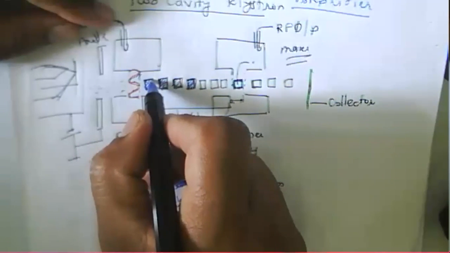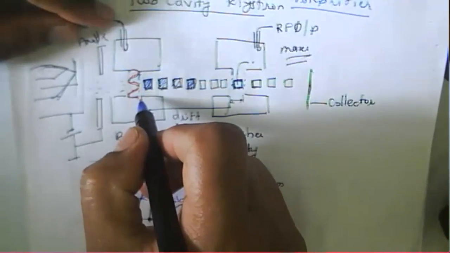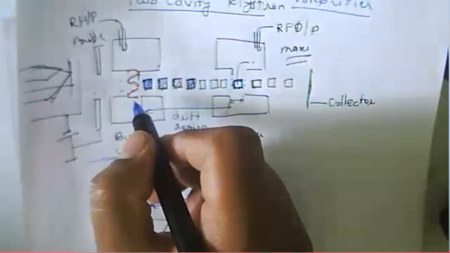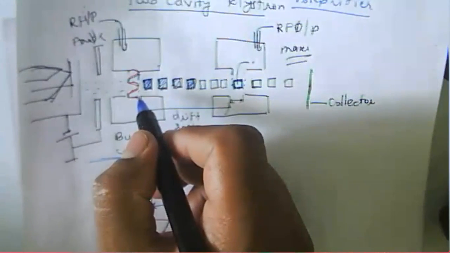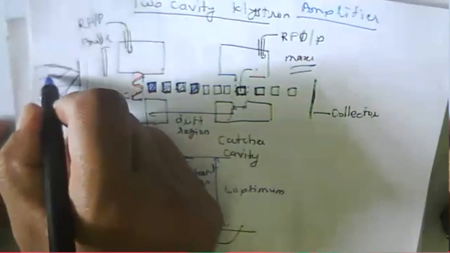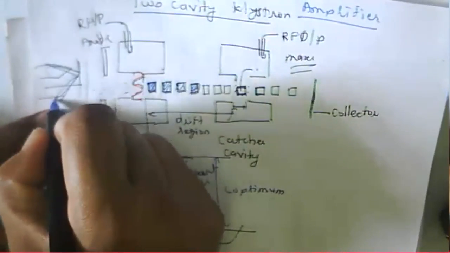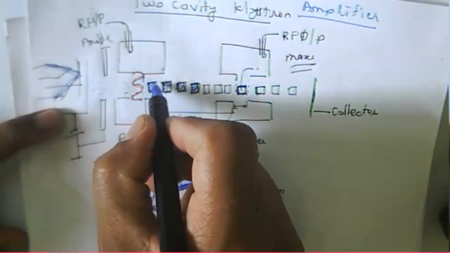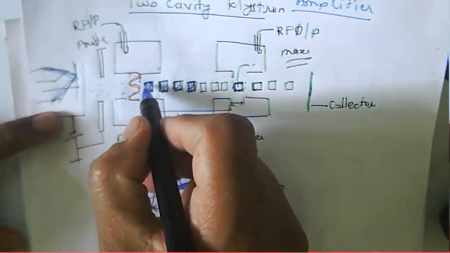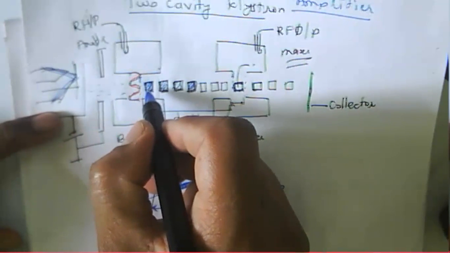Now here these bunches have energy, because the electrons have velocity as well as potential. Where do they get the potential from? That is the DC beam voltage, which we are providing to this cathode. So these electron bunches have kinetic energy.